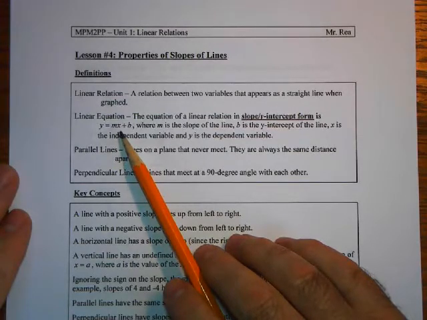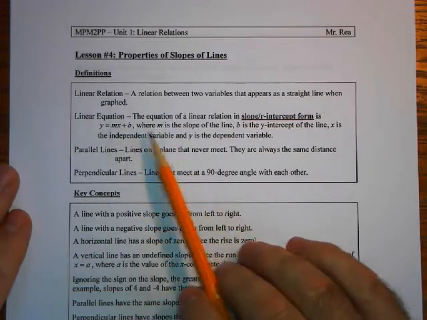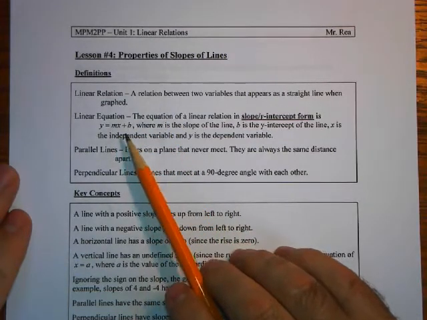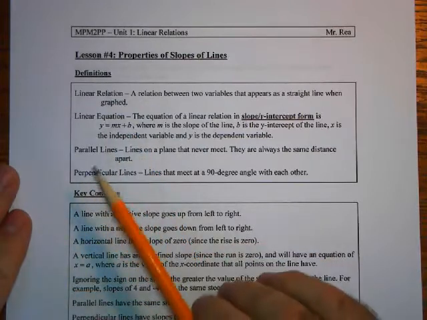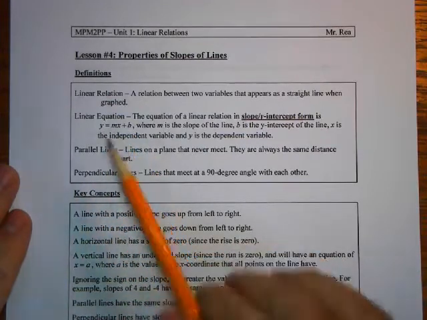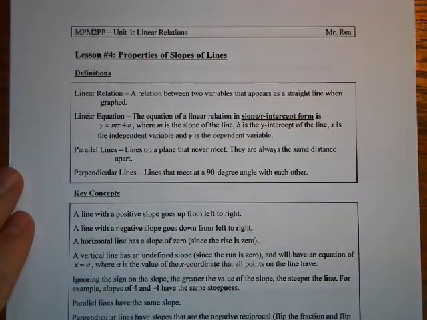Anytime you're talking about a line and its equation, you should immediately write down y equals mx plus b, and always remember m is the slope of the line and b is the y-intercept of the line. So when you're creating an equation, those are the two pieces you have to get, and you just plug them back into y equals mx plus b.